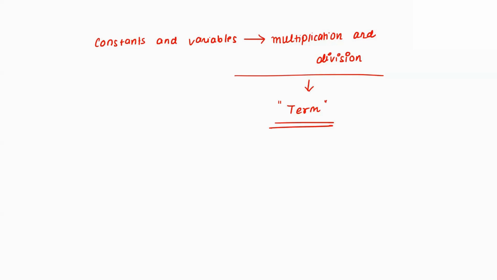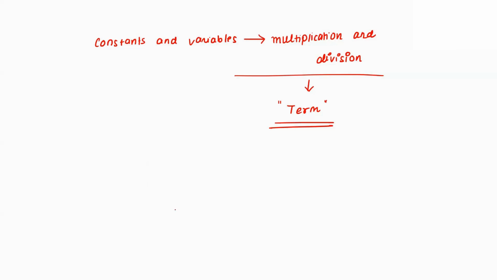For example, if I have A plus B plus C, then A, B, and C are the terms. And A plus B plus C, said in combined form, is an expression. That is the difference between a term and an expression.